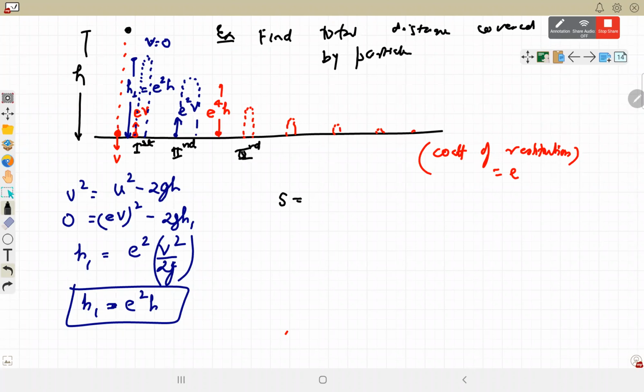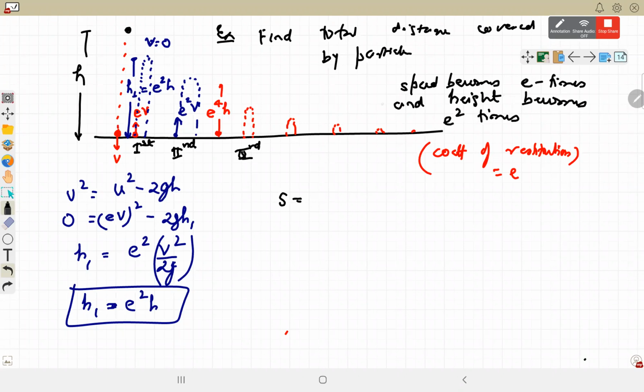Every time it becomes E square. So the speed becomes E times the previous speed and the height becomes E square times.